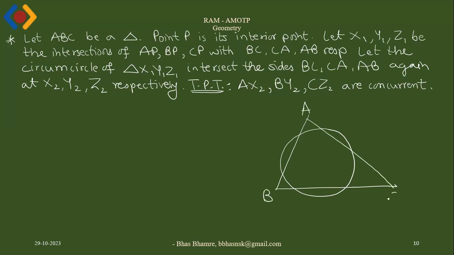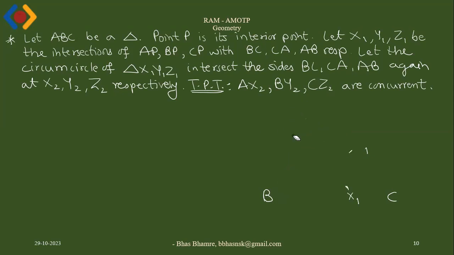Say ABC, here is X1, here is Y1, here is Z1. Okay. Oh, I got my mistake. Wait. It is difficult to draw by hand, but it's okay. I will try my level best.